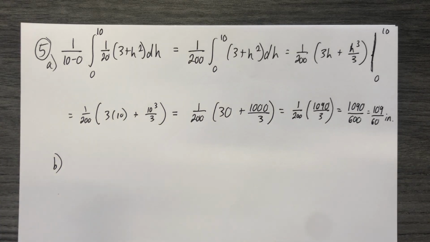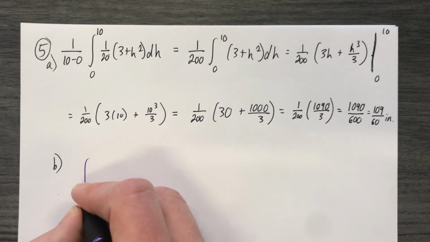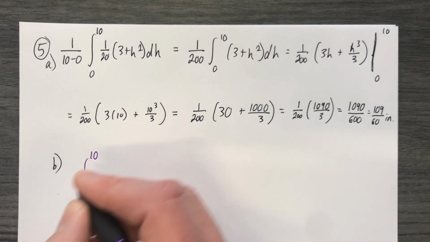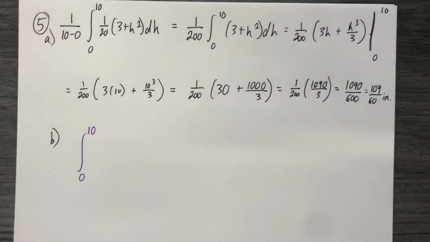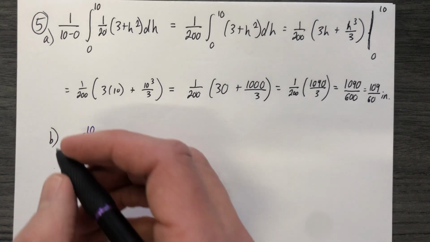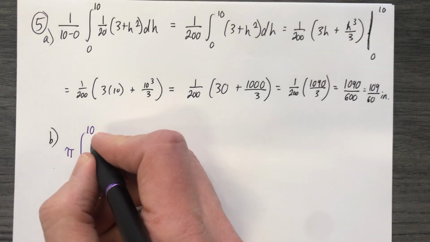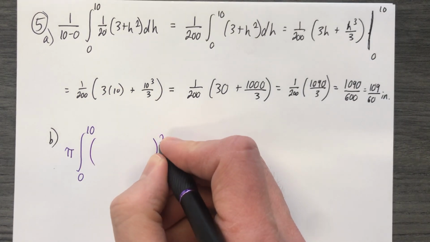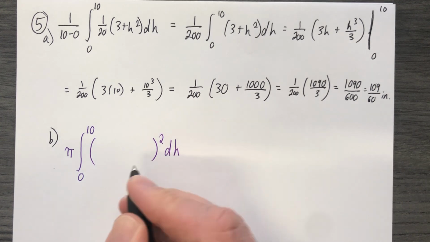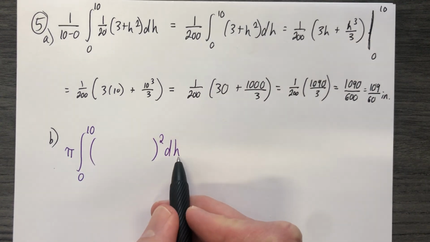Let's go purple. As we move from 0 to 10, we're going to accumulate lots of areas of circles, and the area of a circle is pi times the radius squared, and the radius is a function of h.